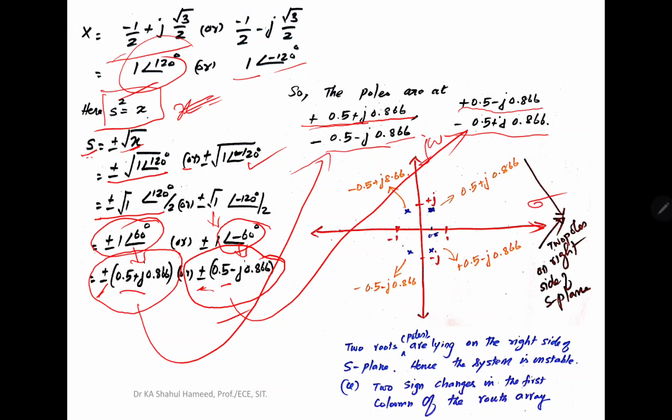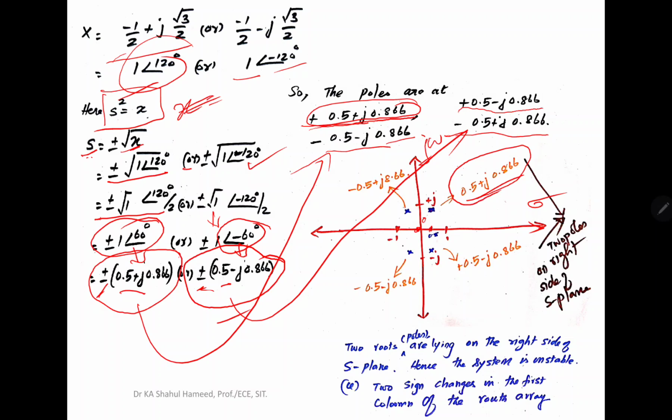First, we locate the first pole: 0.5 is the real part, and the imaginary part is 0.866. The real part is in between 0 and 1, so the center point is 0.5, and 0.866 is very close to 1, so this point is 0.5 plus j 0.866.